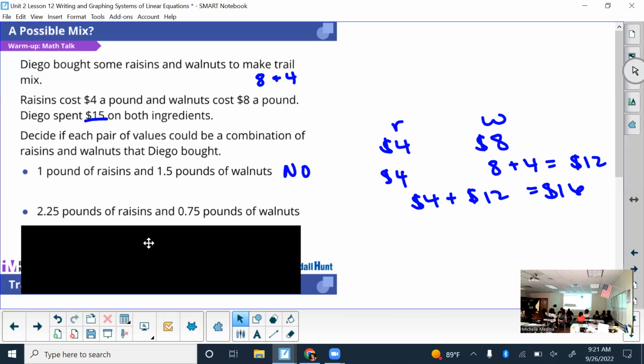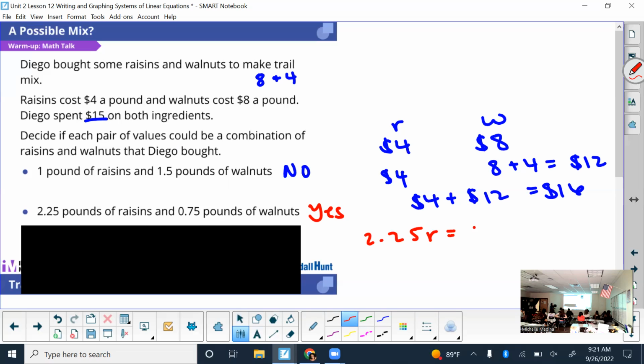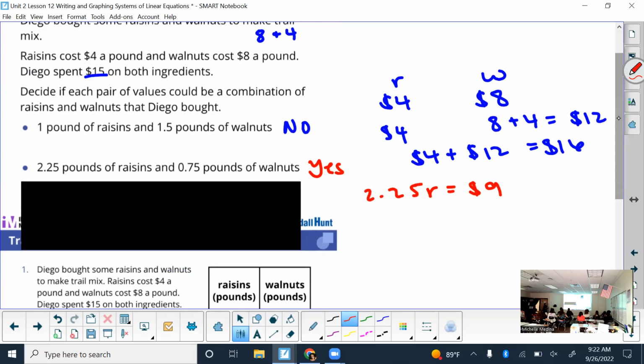All right, Allison, yes or no on the second one? Yeah. And why yes? 2.25 of the raisins is 9, you said? All right, and then what else?